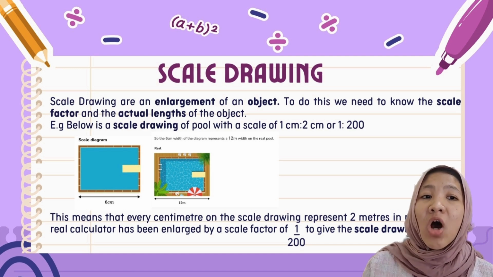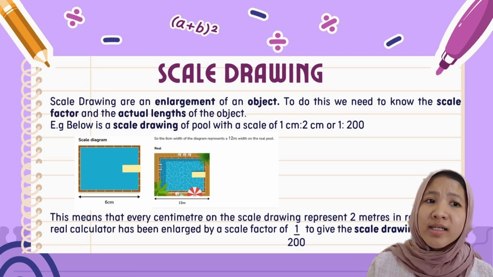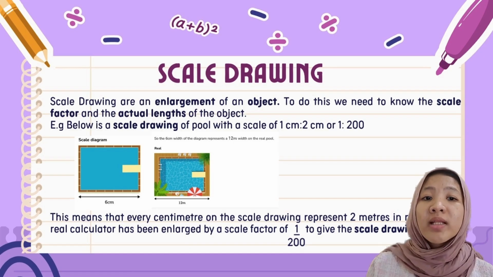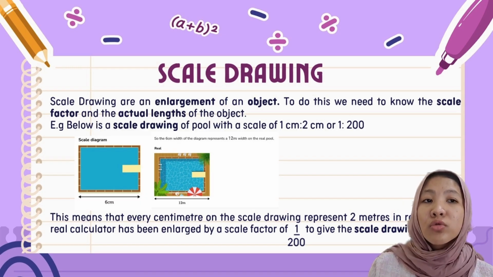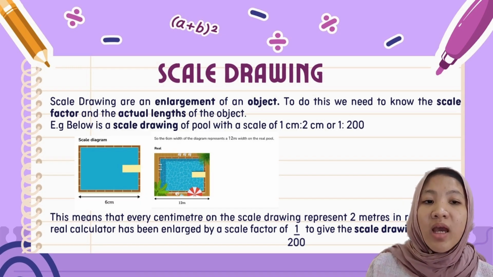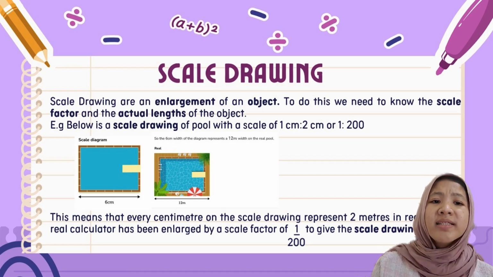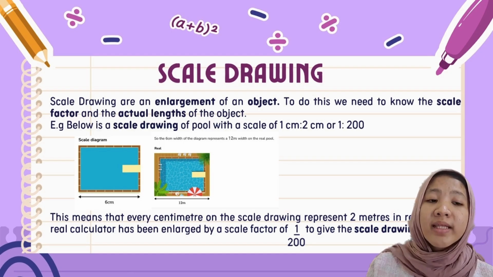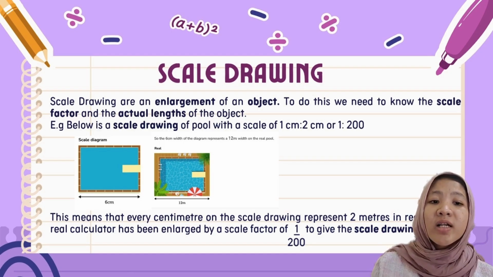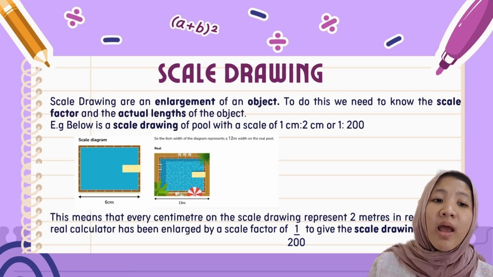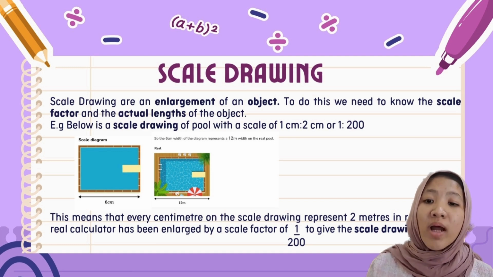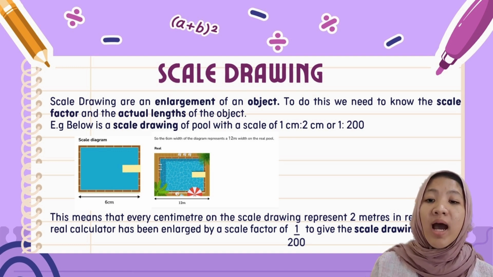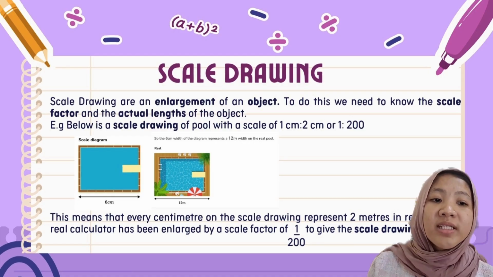For example, on this slide, we have a scale drawing of a pool with a scale of 1 cm to 2 m, or 1 to 200. This means that every centimeter on the scale drawing represents 2 meters in real life. The real pool has been enlarged by a scale factor of 200 to give the scale drawing.